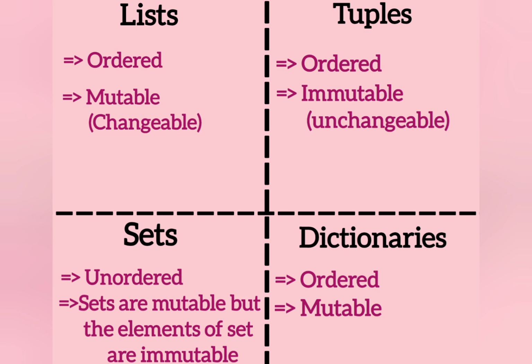This is how we can change the elements of dictionaries, and similarly we can change the elements of a list. But sets are mutable in the sense that we can add or remove things, but the elements are not. This is a very important thing to keep in mind for sets. And tuples are totally immutable, we can't change the tuples or the elements of the tuples. These are the differences and the data types which I wanted to discuss in this video.